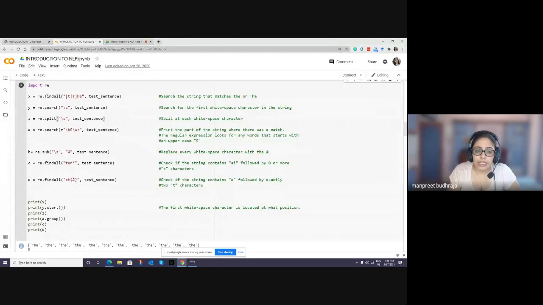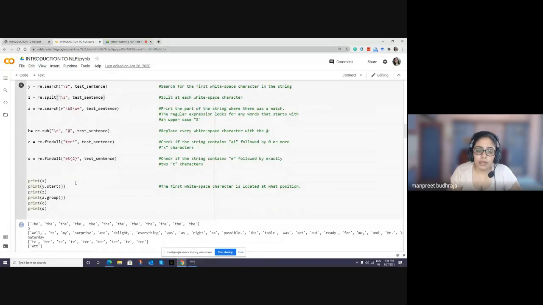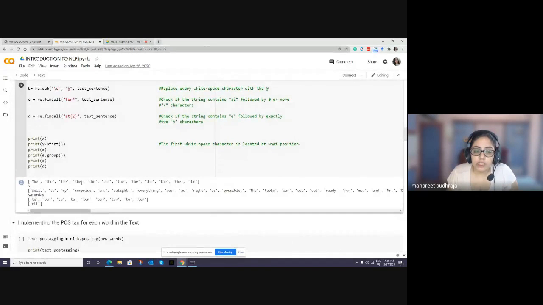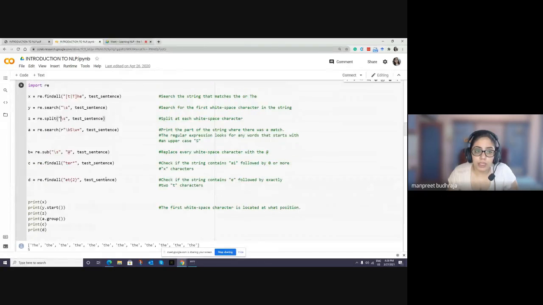ET{2}, this curly bracket 2 means that E is followed by exactly 2 T's. Suppose it's forget, so it would only take E double T.